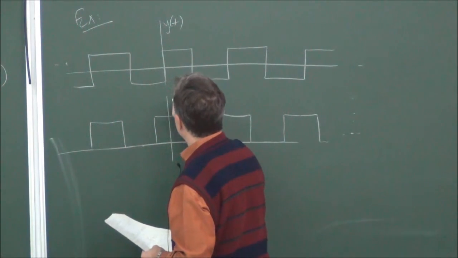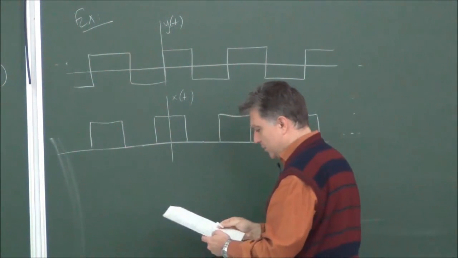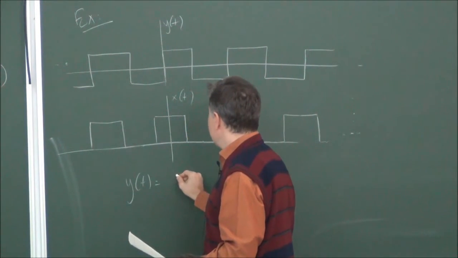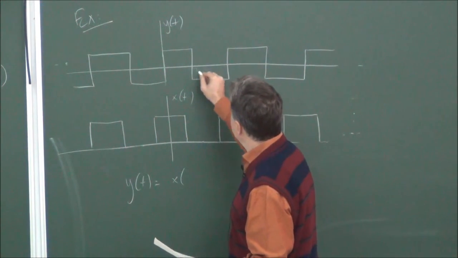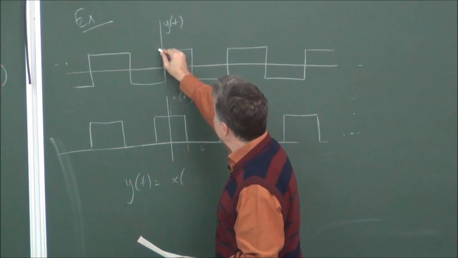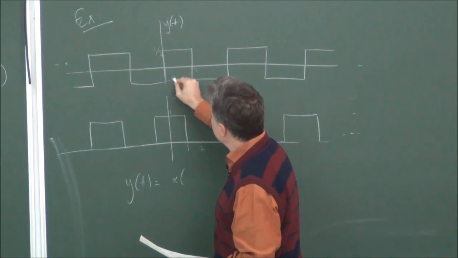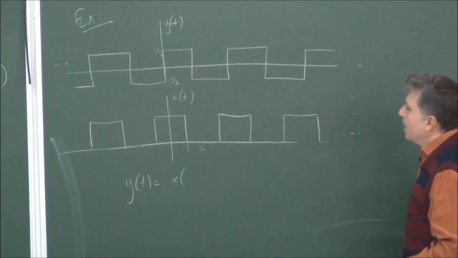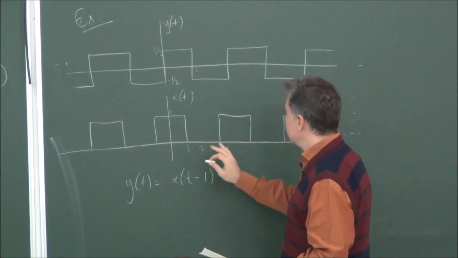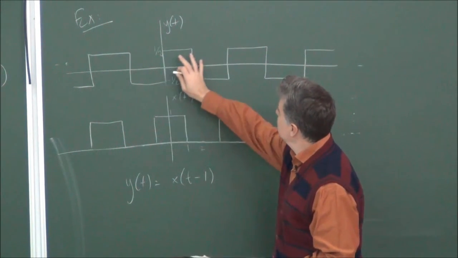We called this thing x of t. By the way, this is 2, this is 1, this is 2, and this peak value is 1. These peak values are 1 over 2 and minus 1 over 2. And we said that y of t is equal to x of t minus 1, this thing shifted to the right by 1.